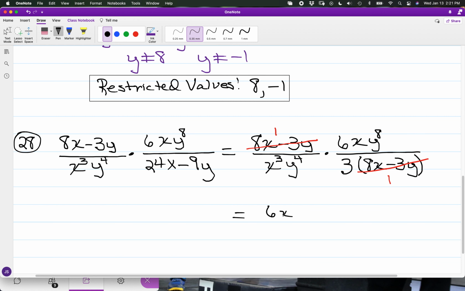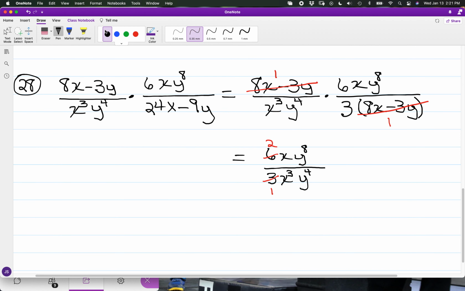Okay, so you have 6x y to the eighth from what is left over at the top. And combining the denominators, we have 3x cubed y to the fourth. All right, so for 6 over 3, 3 will go into 6 2 times, and we'll deal with the variables at the next phase.